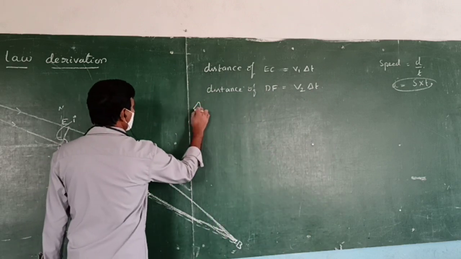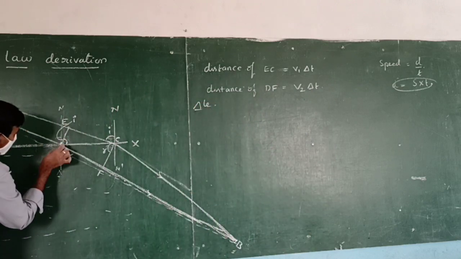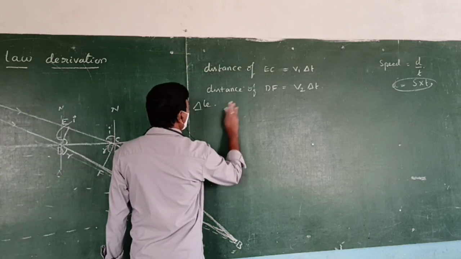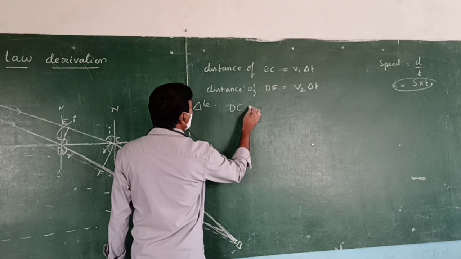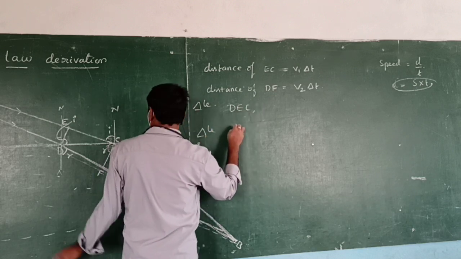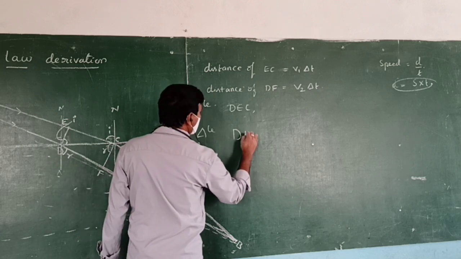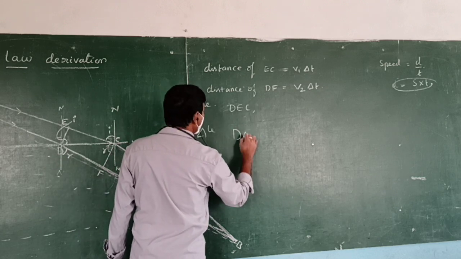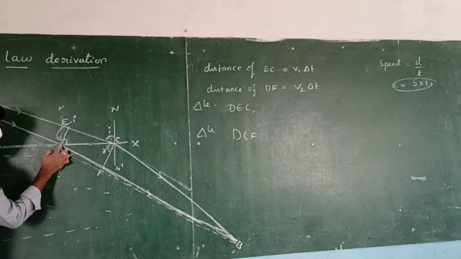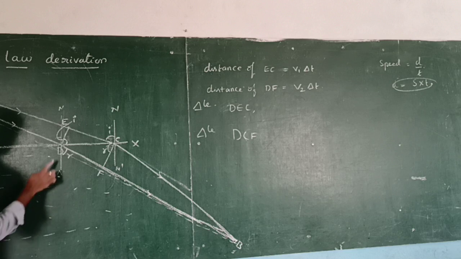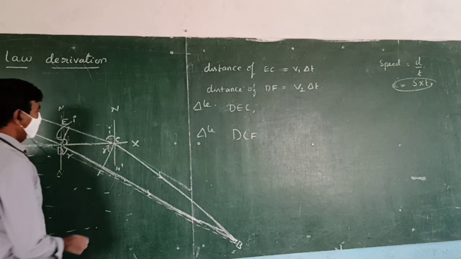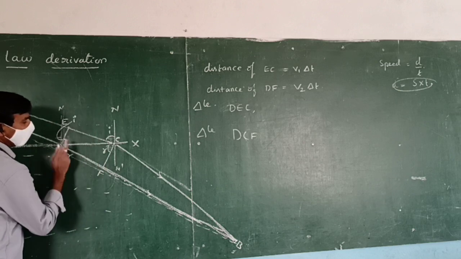Now two triangles, DEC and DCF. Take triangle DEC first.